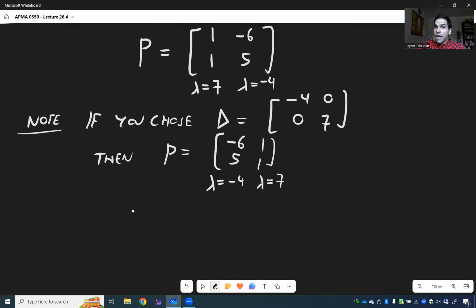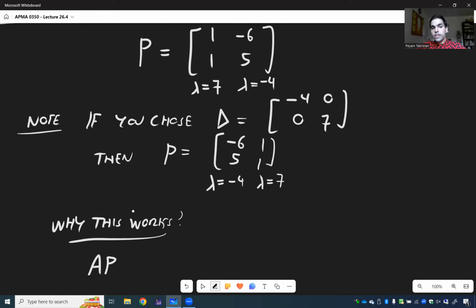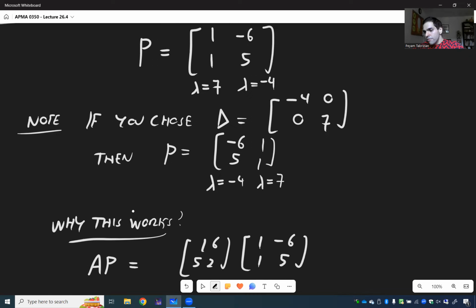But I do want to tell you why this works. So why does it have to do with eigenvalues and eigenvectors? Well, let's try to calculate A times P. So 1, 6, 5, 2. And then let's choose the matrix before. So 1, 1, -6, 5.